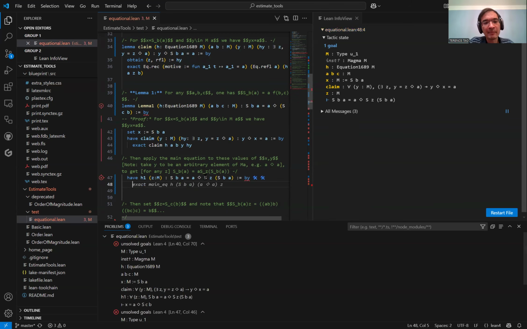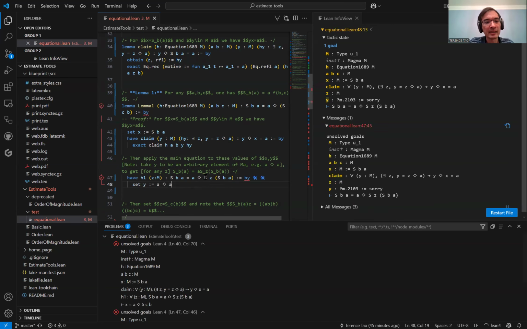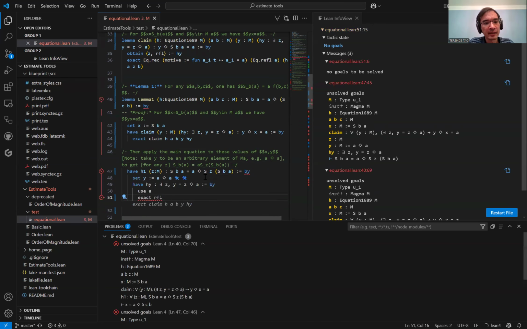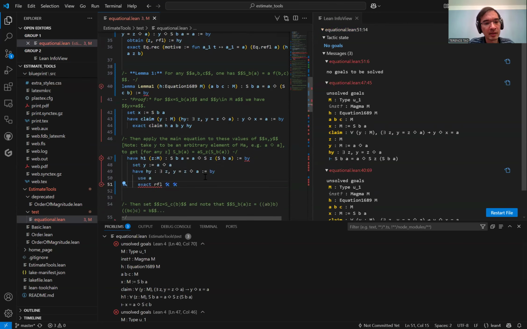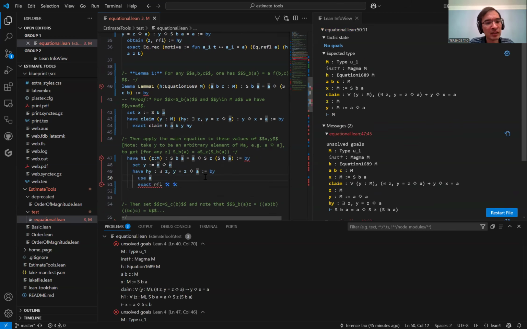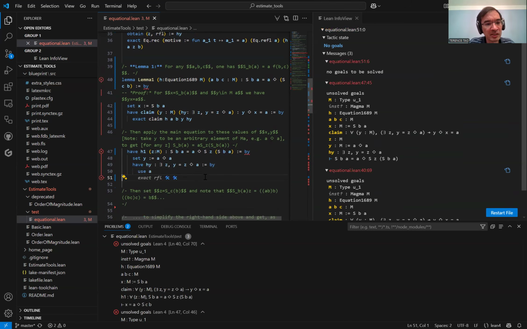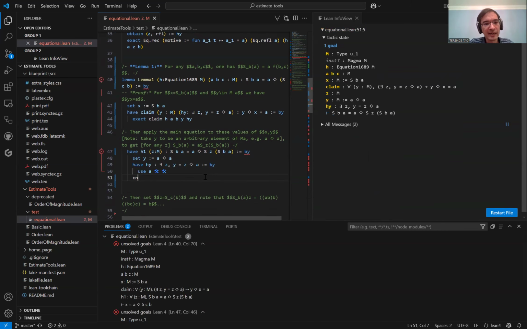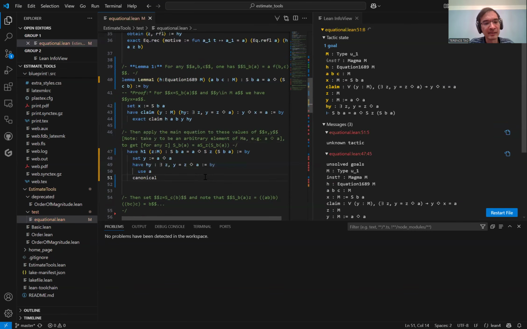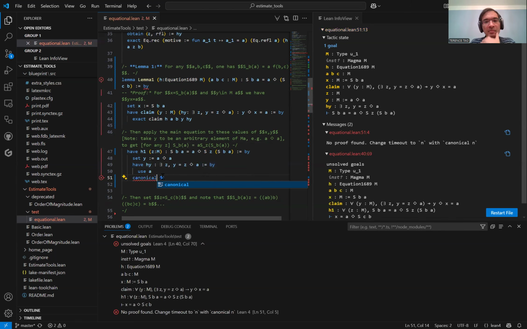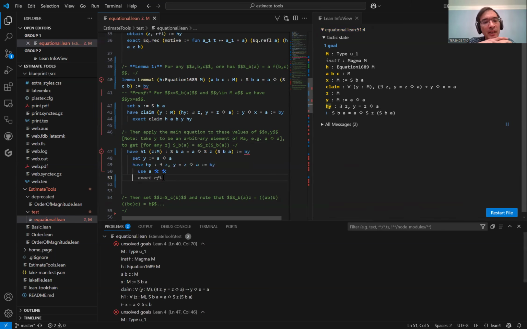So I'm going to apply the claim to a specific y. So I'll set y to be, for example, a times a. I need my hy. All right, I don't need exact alpha because it already works. Okay, now can I canonical my way out of this? It's taking much time, did not solve the problem.